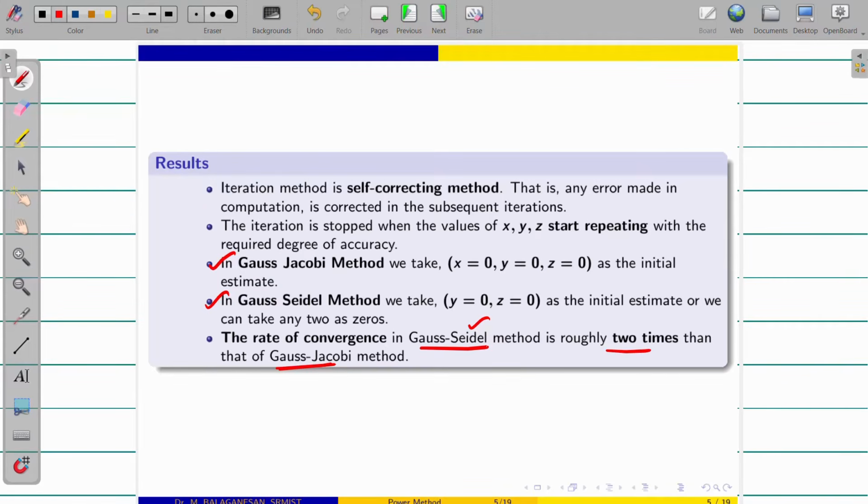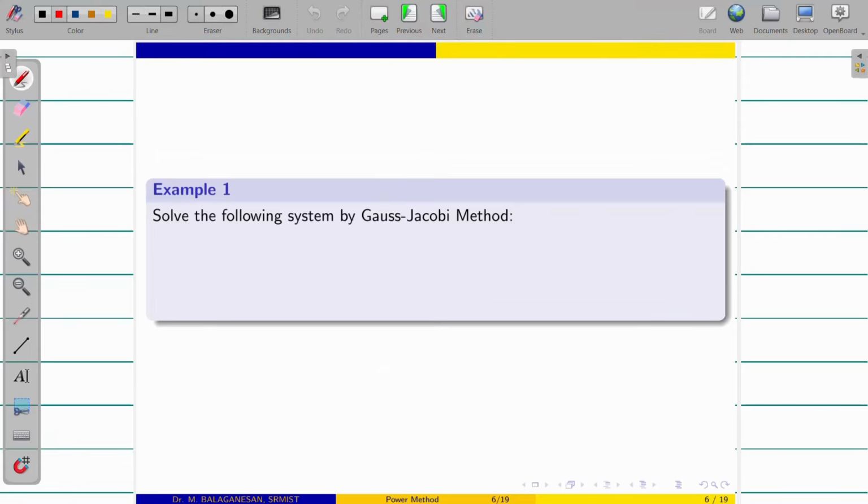So convergence will be faster in Gauss Seidel. That is the best method when we compare Gauss Jacobi and Gauss Seidel, right?